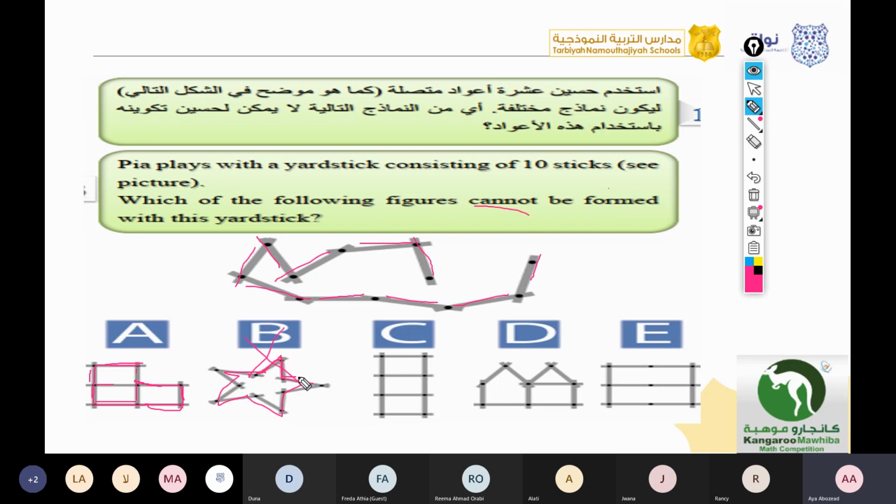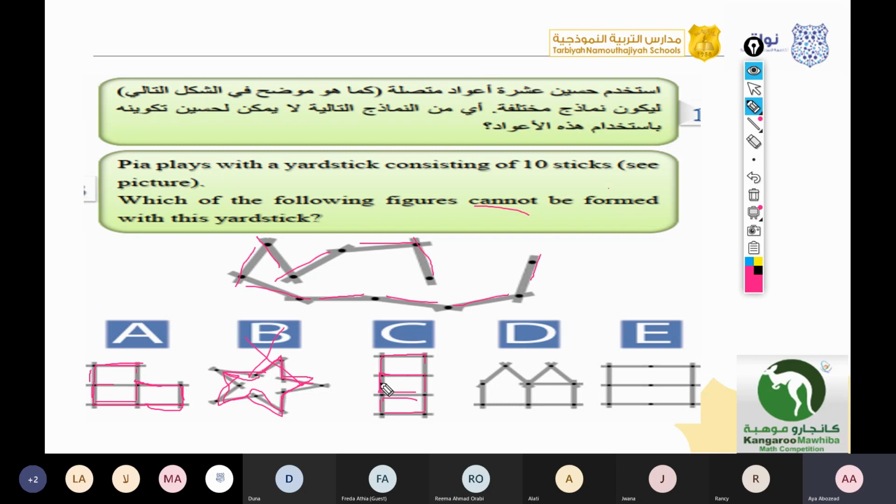1, 2, 3, 4, 5, 6, 7, 8, 9, 10. The same. Now from this side, 1, 2, 3, 4, 5, 6, 7, 8, 9, 10. But how can you interrupt between, how can you put this and again this?